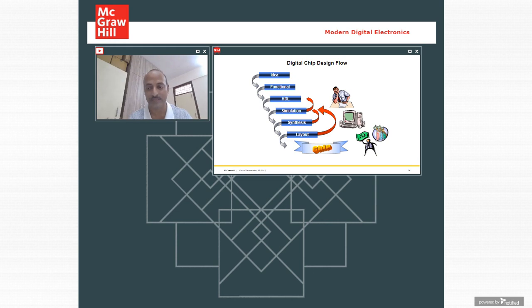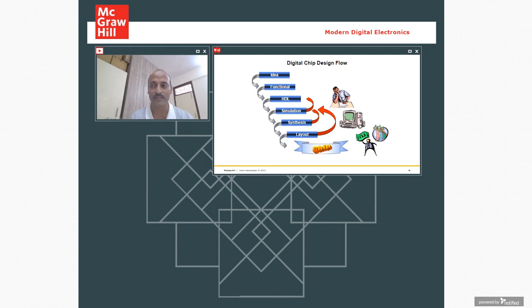Maybe source and drain connections of all transistors, how the transistors will be mapped and everything. So floor planning and all. Once the layout is ready and passes all the design rules, we can go ahead for fabrication of a chip. Once the chip is fabricated, you can bring it back to your lab, test it and check its functionality.